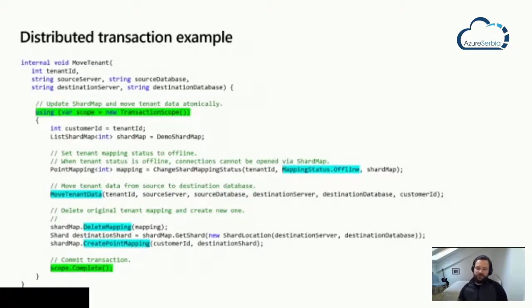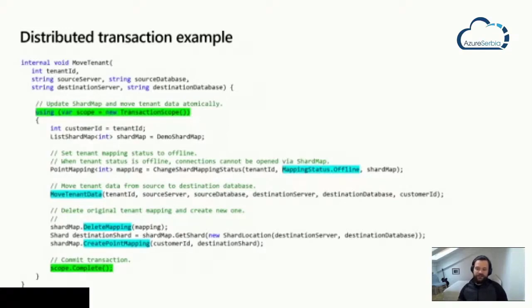We call the method that actually moves the customer data from the source to destination. On the destination, we don't yet have the tenant mapping, so the local application of the destination still cannot change this data because the shard map cannot provide a connection.